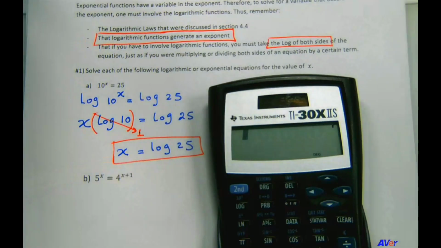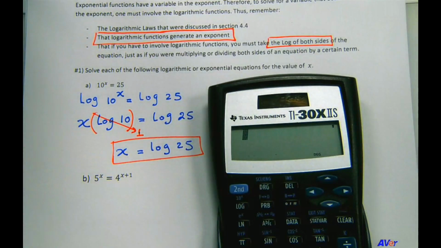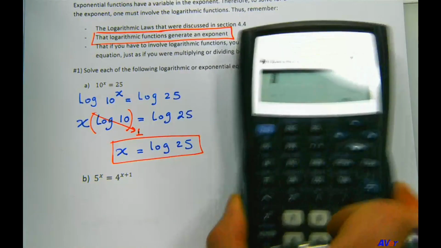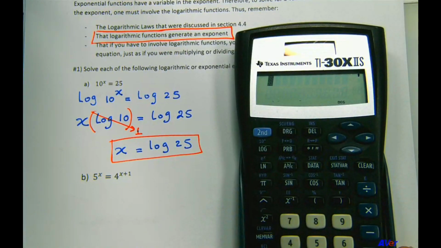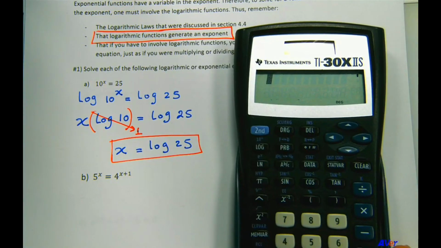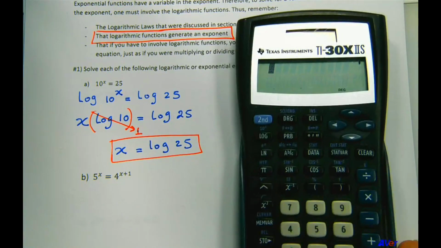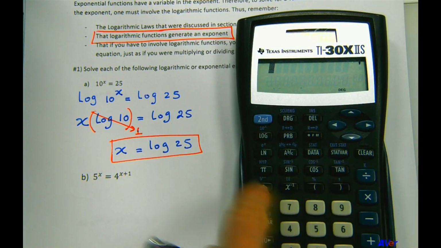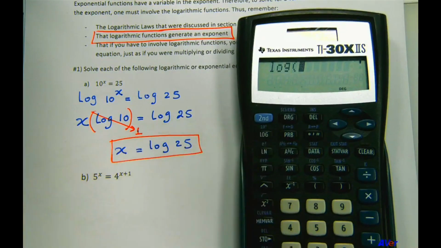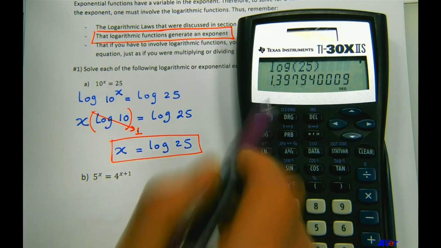In this form, which doesn't require the use of a calculator, and also in the form where it does require the use of a calculator. So here we have the log of 25. This is the log key on my calculator. Log of 25, close parentheses, enter, and we have that.